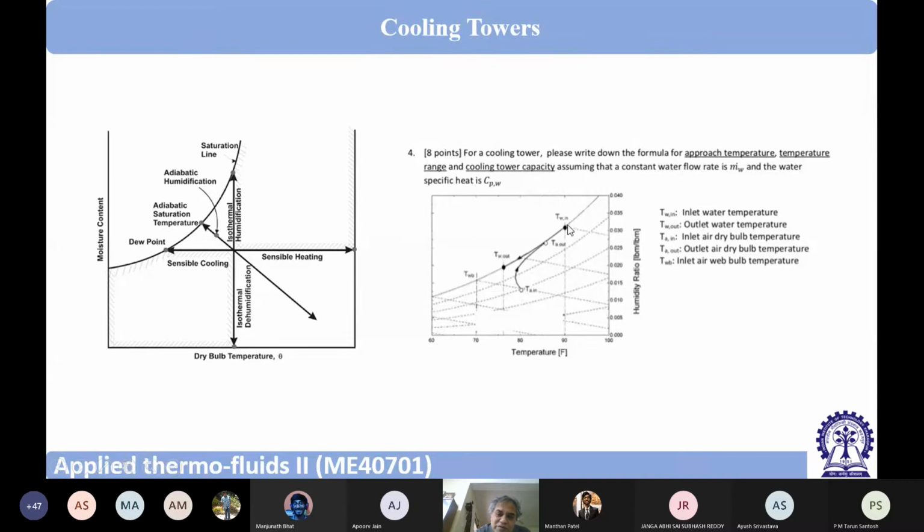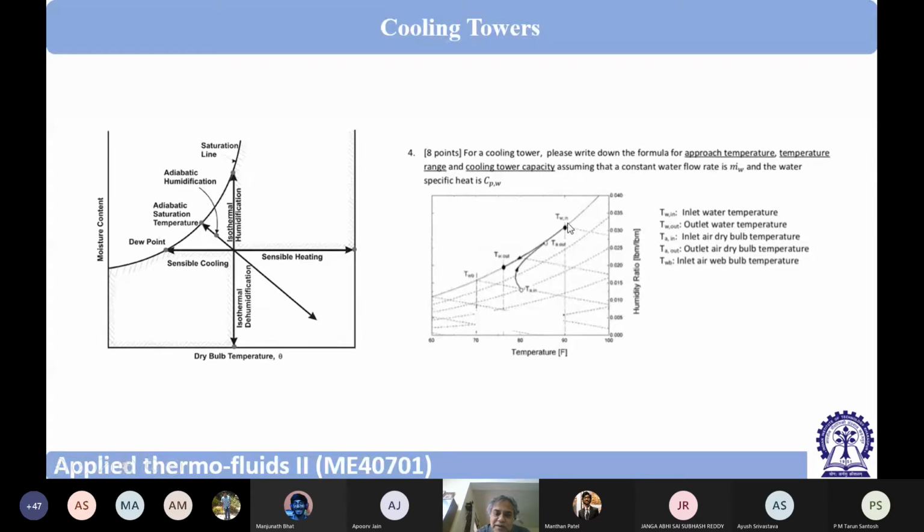Then there will be heat transfer between the air and water. So air will get more and more moisture. Moisture increases in this direction. So along the length or height of the cooling tower, the air condition will change like this. And when air comes out, it will have almost 100% saturation.